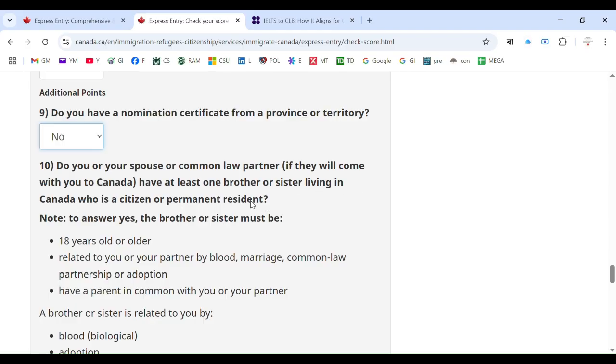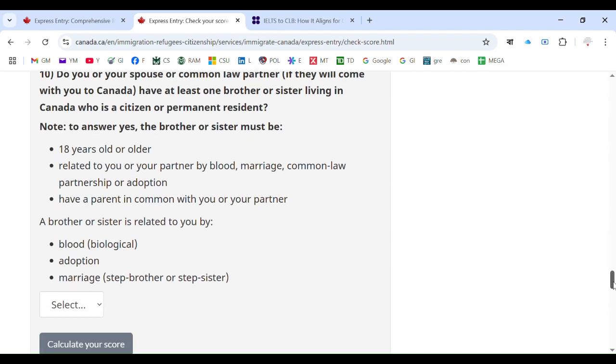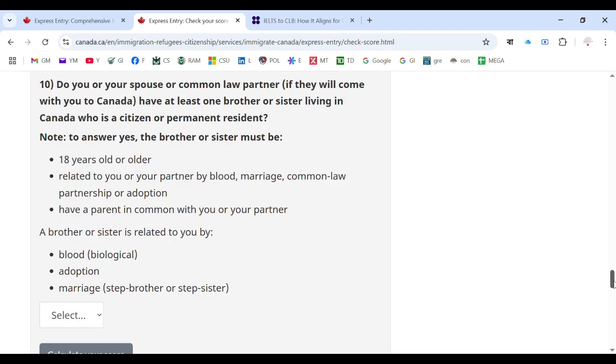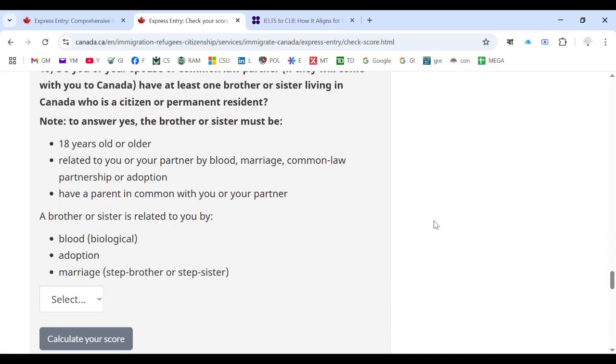Okay, so if your siblings or your wife's or your husband's sibling is a PR, then to answer yes, the brother or sister must be 18 years or older, related to you or your partner by blood, marriage, common law partnership, or adoption, and have a parent in common with you or your partner. A brother or sister is related to you by blood, adoption, marriage. So if this is met, then yes, otherwise no.